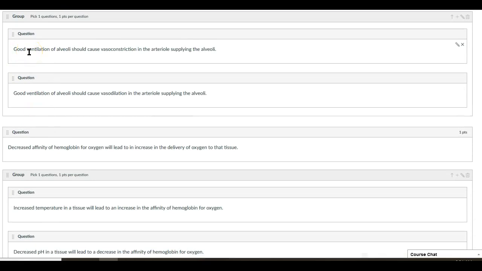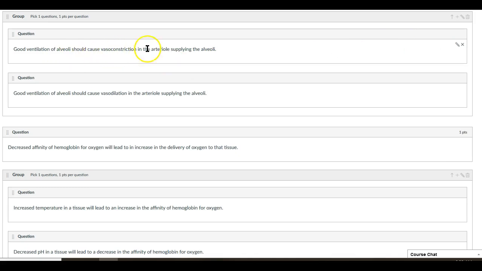So question number 2, possible question: good ventilation of alveoli should cause vasoconstriction in the arterioles supplying the alveoli. So this should be, now I need to reread the question again.